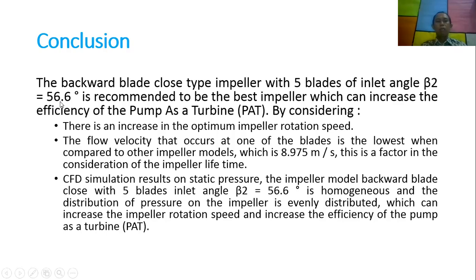Conclusion: the backward blade closed type impeller with 5 blades and an inlet angle of 56.6 is recommended as the best impeller which can increase the efficiency of the pump as a turbine, PAT, because by considering an increase in the optimum impeller rotation speed, the flow velocity that occurs at one of the blades is the lowest compared to other impeller models, that is 8.975 meter per second.